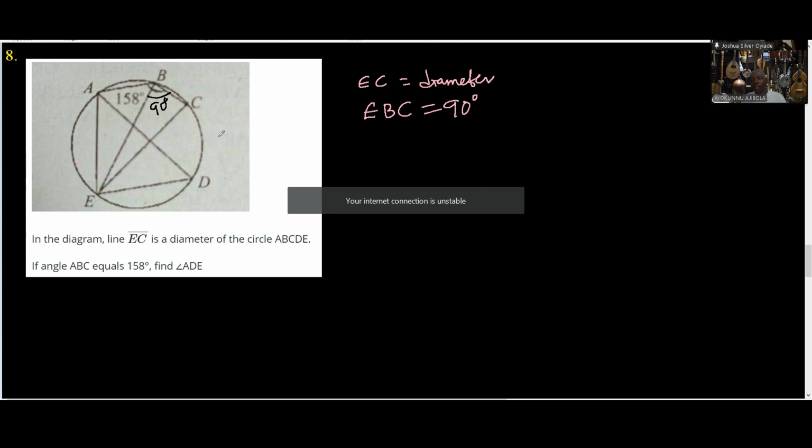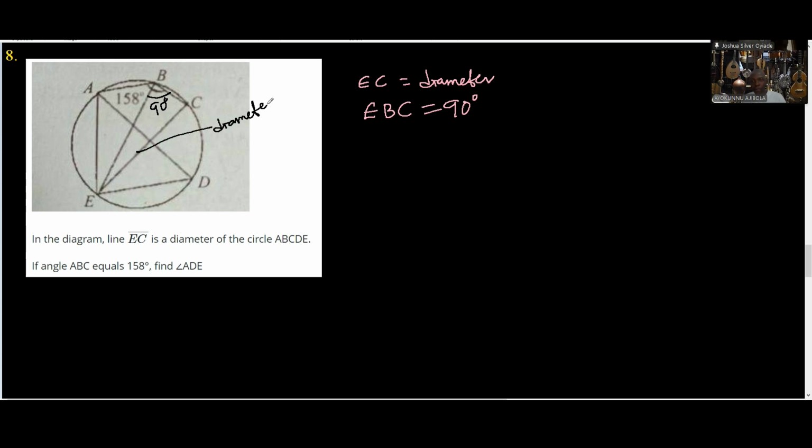Though it's not drawn to scale, because EC is the diameter, according to the question, let's see, the angle subtended by a diameter is 90, okay? Is that clear? Yes, sir.